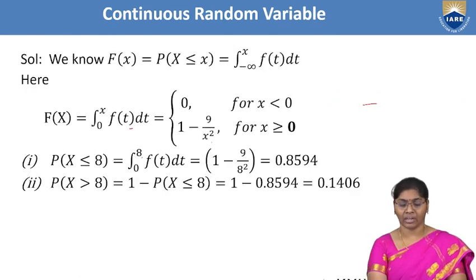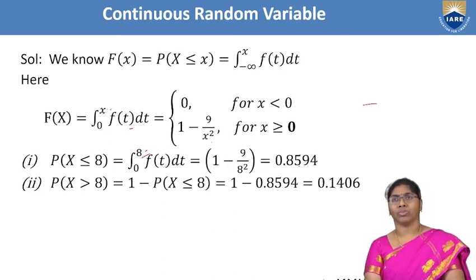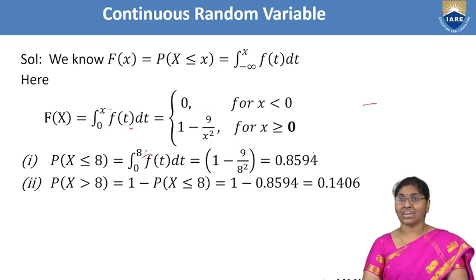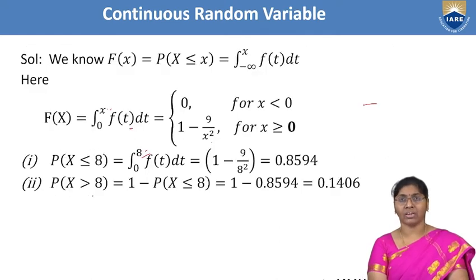Here x is 8, so 1 minus 9 by 8 square. The answer is 0.85. Next is greater than 8, that is, beyond 8 years, which means x greater than 8.